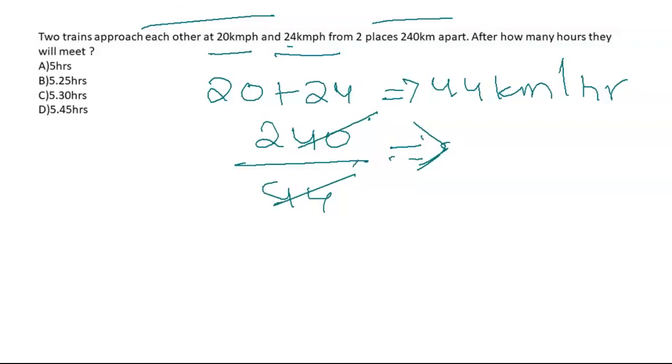So your answer is going to be what? It's not 5 hours. It's 240 by 44. So 240 by 44 is nothing but what? 5 hours for 220, and then there are another 20 kilometers.